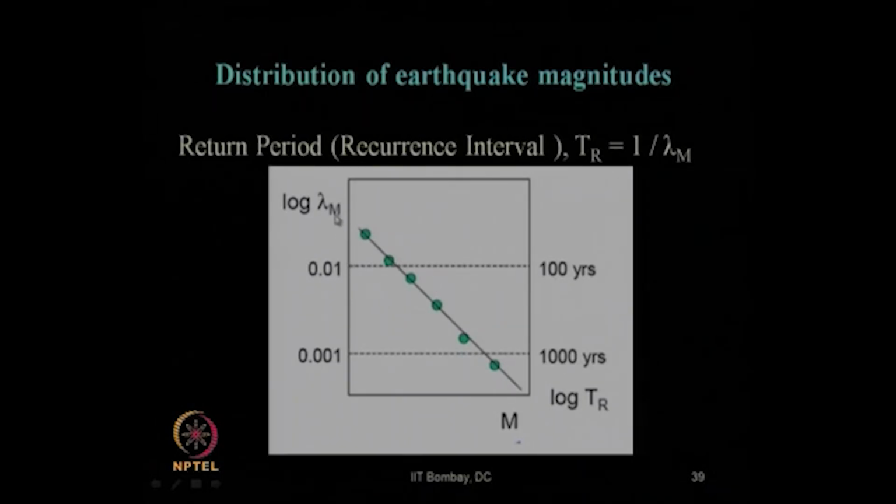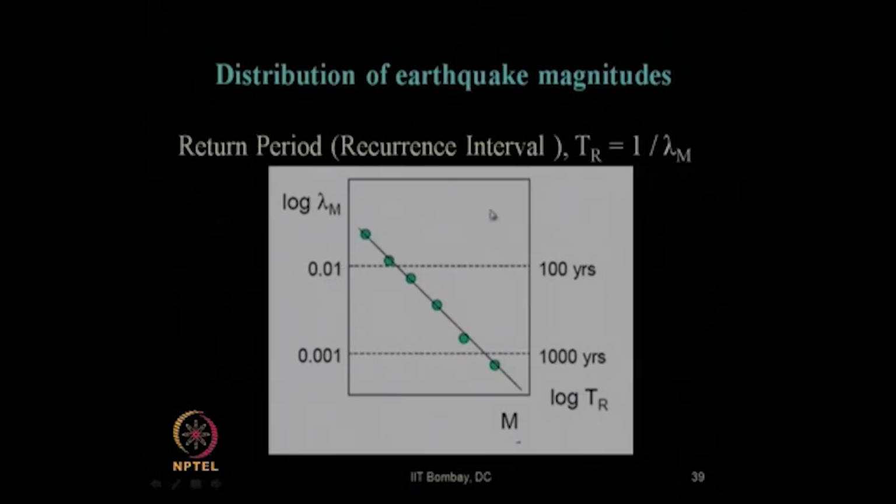Let us take an example. A lambda m value of 0.01 will indicate a T r of 100 years, because 1 by 0.01 is nothing but 100 years. What does it mean? The annual rate of exceedance of a particular event, say a magnitude 5 earthquake, is 0.01.